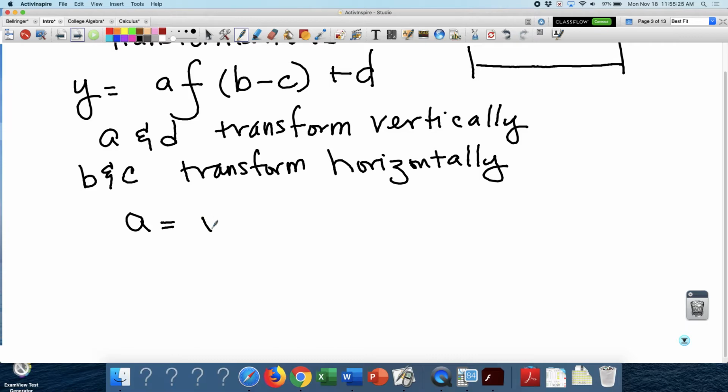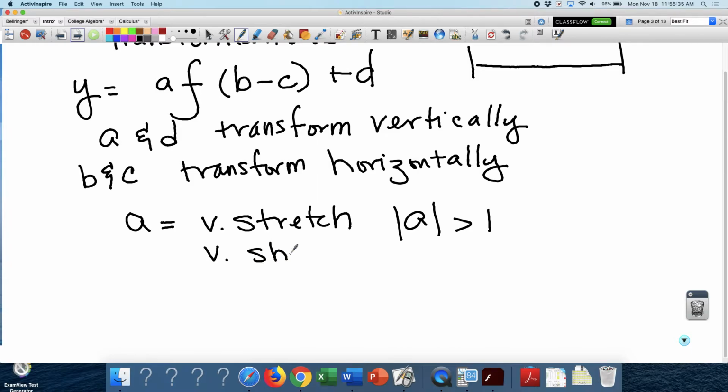So A deals with a vertical stretch. If the absolute value of A is greater than 1, A is a vertical stretch. If the absolute value of A is less than 1, it is a vertical shrink.